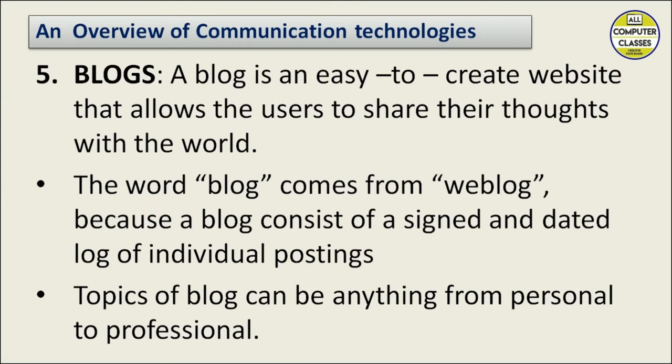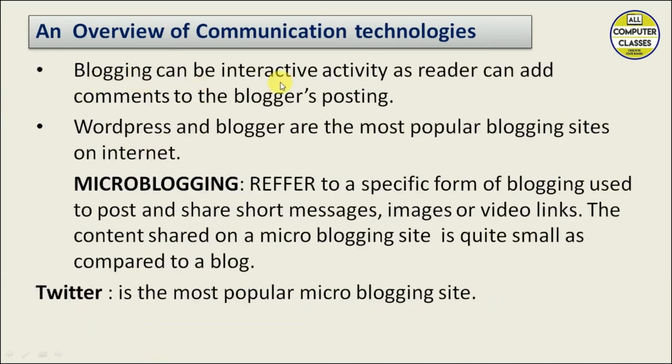So weblog means websites where people put up content on the internet, individual postings. That's how it is called a weblog. The topics of the blog can be anything from personal to professional. Blogging can be an interactive activity, as a reader can add comments to the blogger's posting, right?